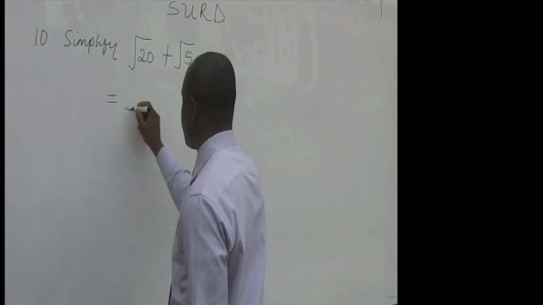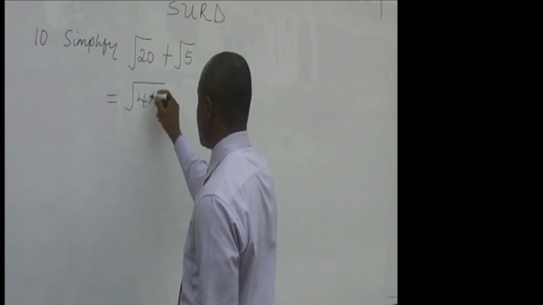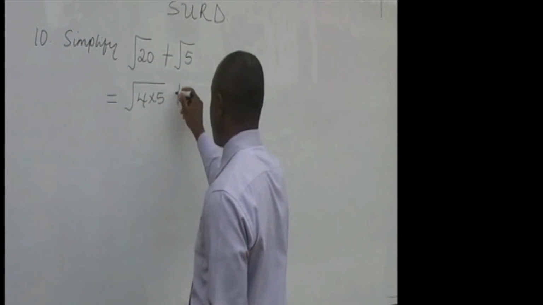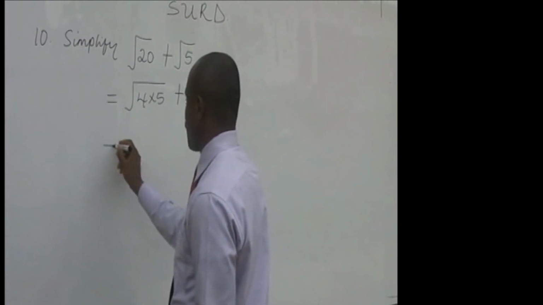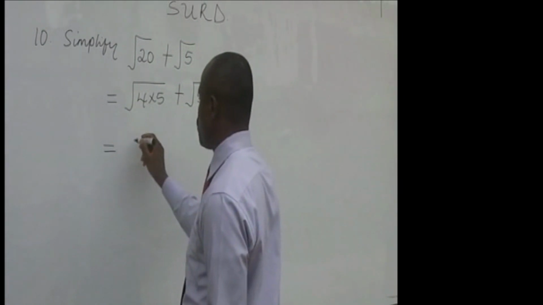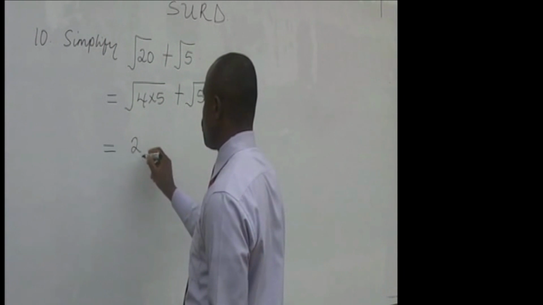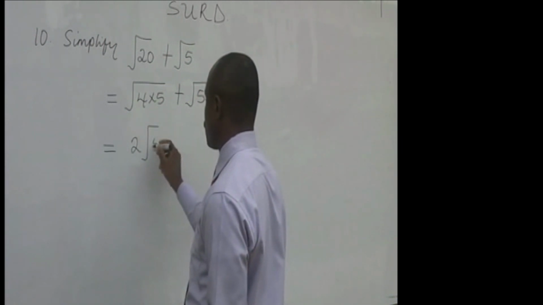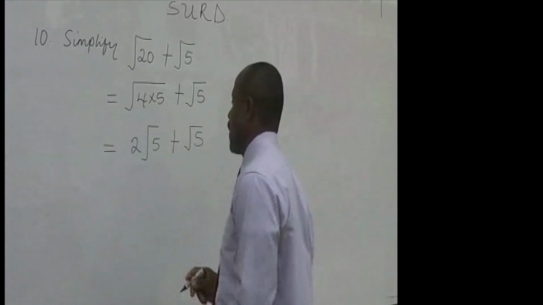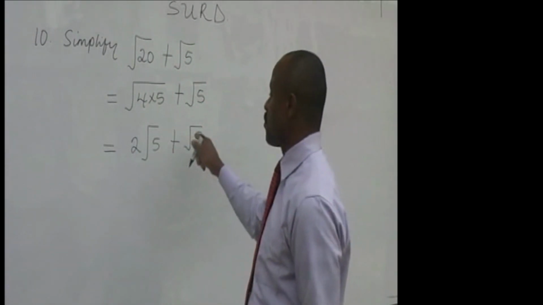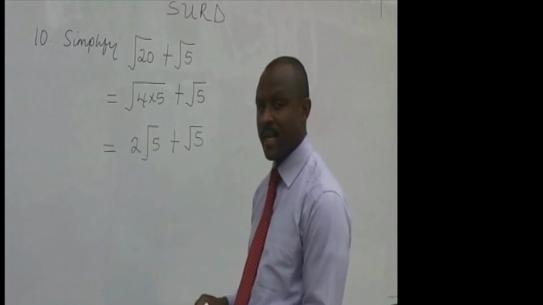So in place of root 20, we are going to have root 4 times 5, then plus root 5. The square root of 4 is 2, so root 4 times 5 becomes 2 root 5 plus root 5. 2 root 5 plus root 5 is just like 2 root 5 plus 1 root 5.